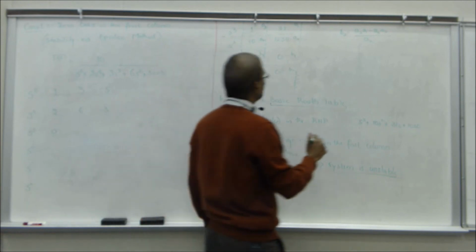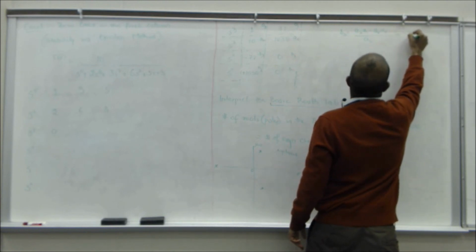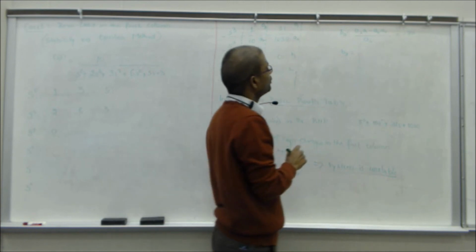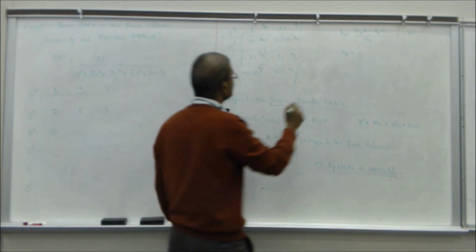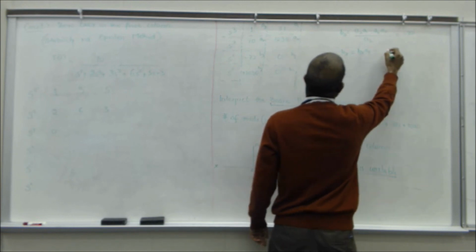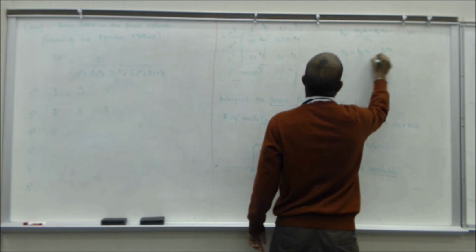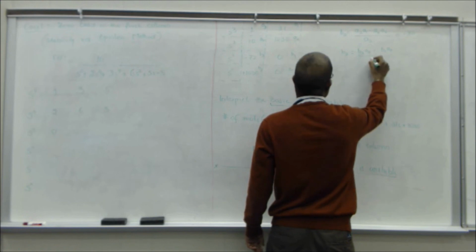What did we get here? We got minus 72. And what would B2 be? It's over B3.